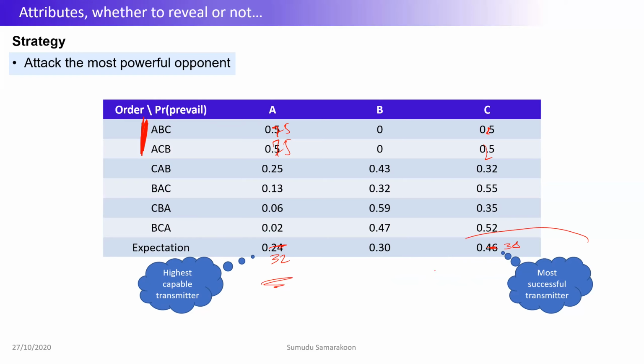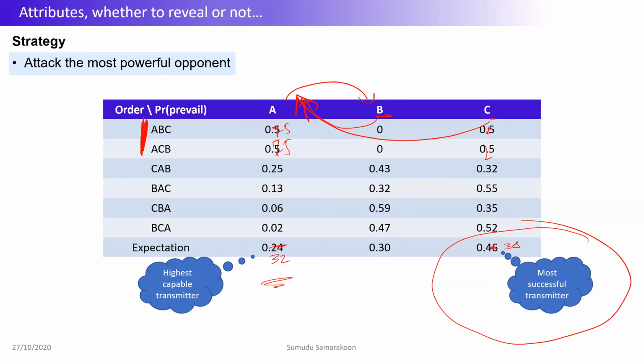The one with the weakest capability is going to be more successful, because A is going to attack B whenever he gets a chance, and both B and C join forces to attack A. So the strongest ones are likely to be killed first, and the weakest one is going to last on average.